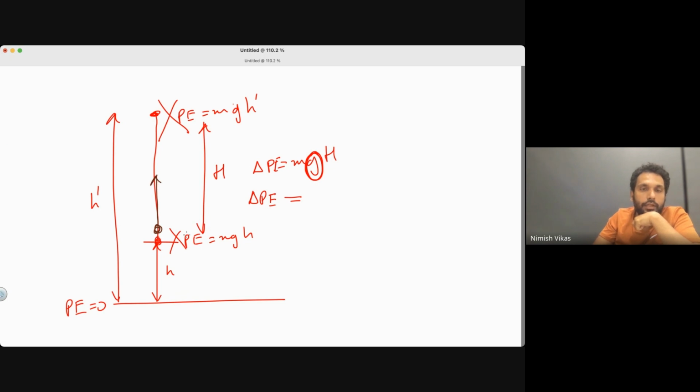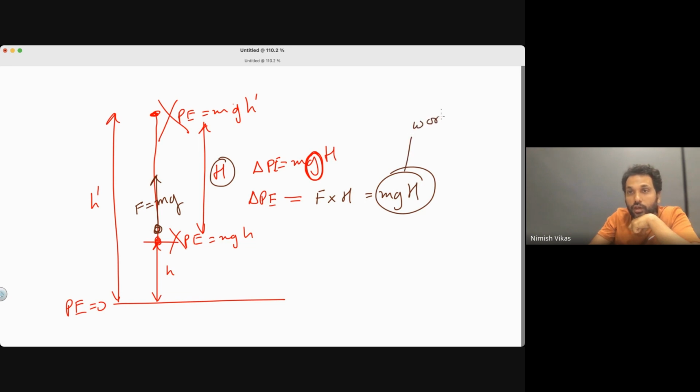That is the change of energy. That much energy I'm giving. So without increasing velocity, I will apply a force of at least the weight of the body and I'll move it by capital H amount. So the work done by me will be force I apply into the movement, which is mg into H. This was the formula for work done, and this was not the formula for potential energy.